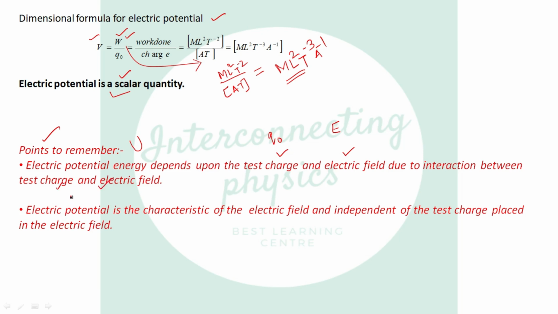But the electric potential V is the characteristic only of the electric field and independent of the test charge. Electric potential V is only a characteristic of the electric field. It does not depend upon Q naught, that is the test charge. But U depends upon both test charge and electric field.